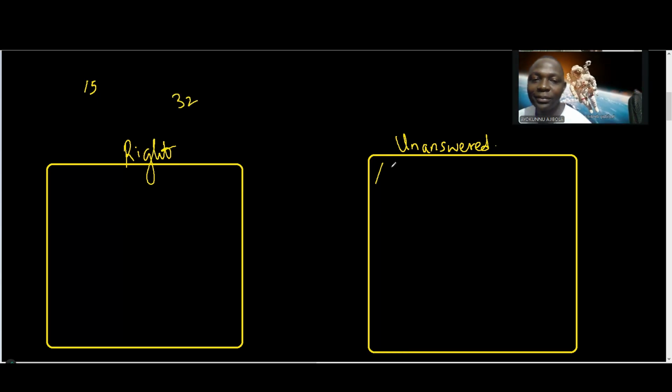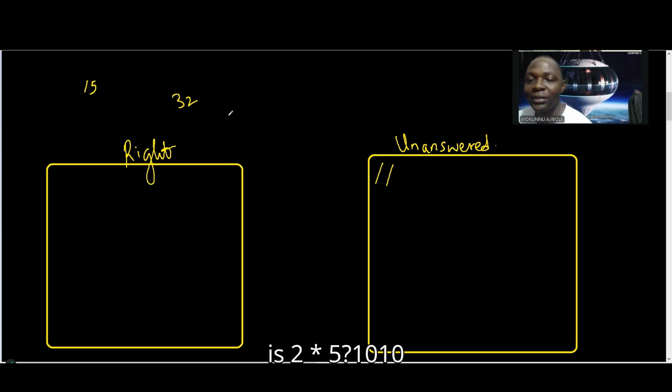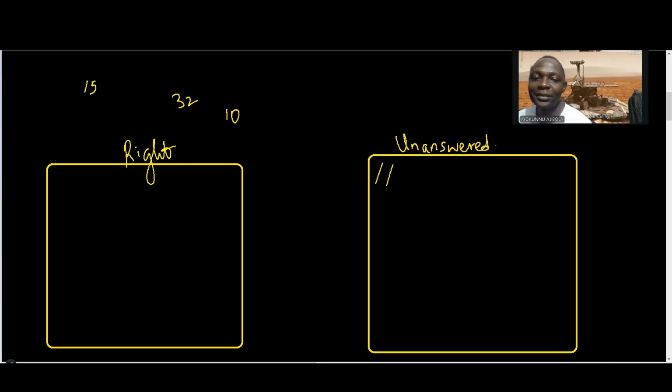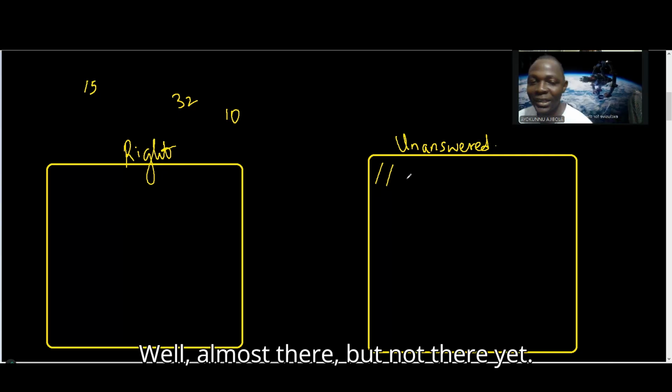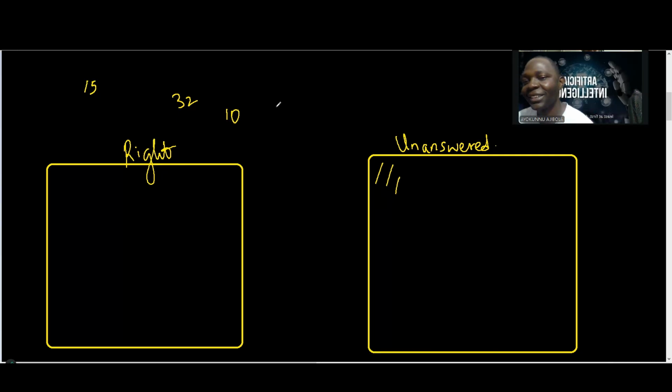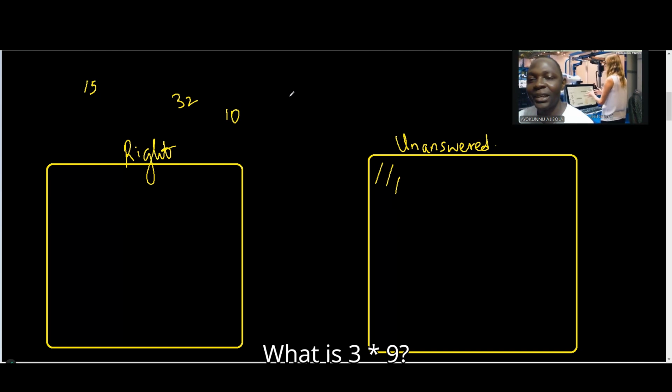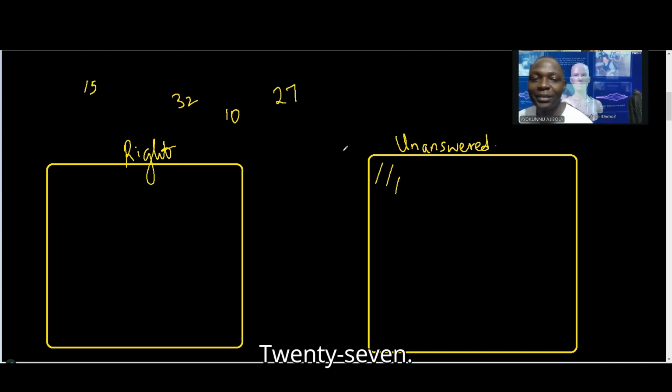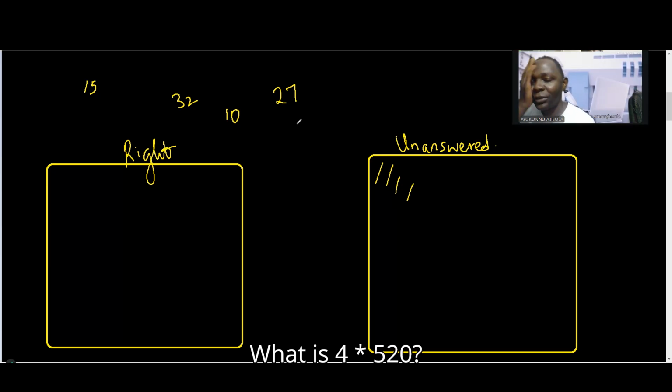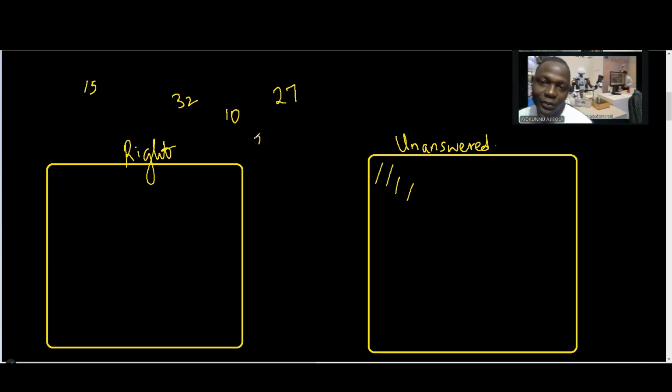32. What is 2 times 5? 10. Well, almost there, but not there yet. What is 3 times 9? 27. What is 4 times 5? 20.